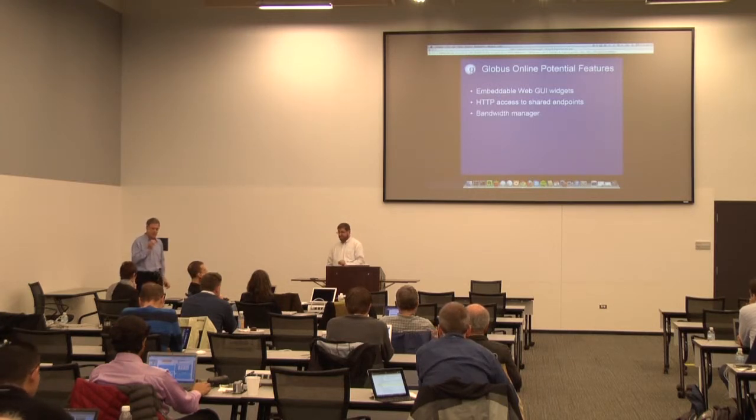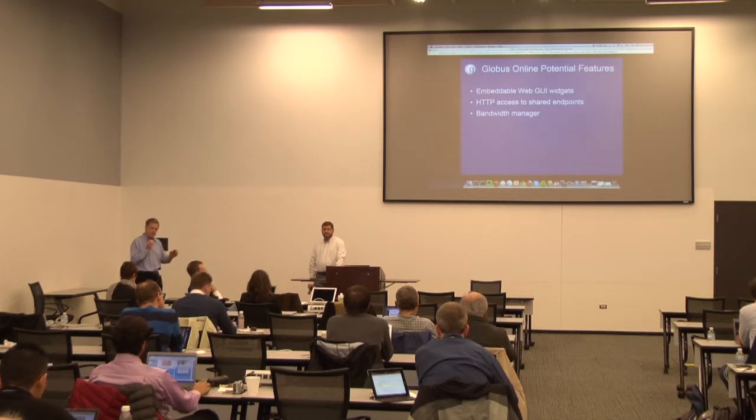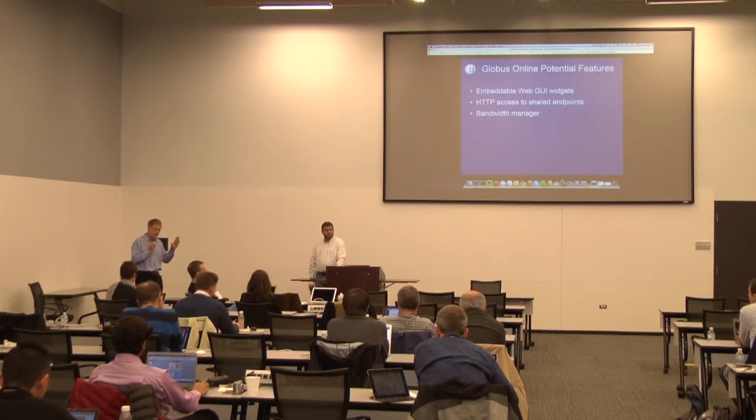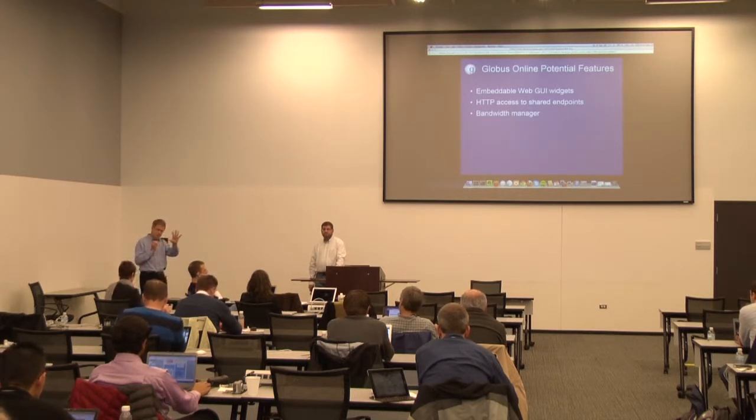Bandwidth Manager. So this is potentially a big project. It's focused on addressing the needs that we're hearing from resource providers. They'd like to be able to, well, depending on the resource provider, a range of different things. Manage the amount of bandwidth that's consumed by Globus Online in and out of a particular endpoint.